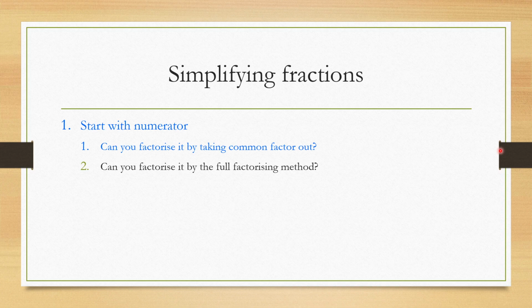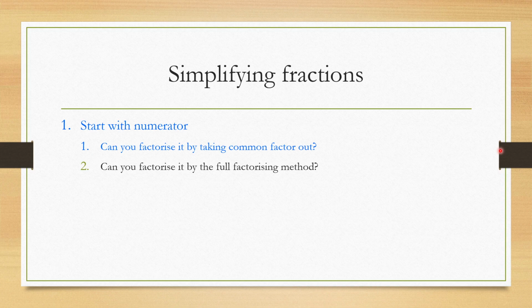But you need to remember: can you factorize it by taking a common factor out first? Once you take the common factor out, it can be easier to factorize, so it can be an easier question. Once you've factorized it, you can just multiply in the common factor at the end. Let's take a look at that in a later video, but let's keep moving forward in simplifying fractions.